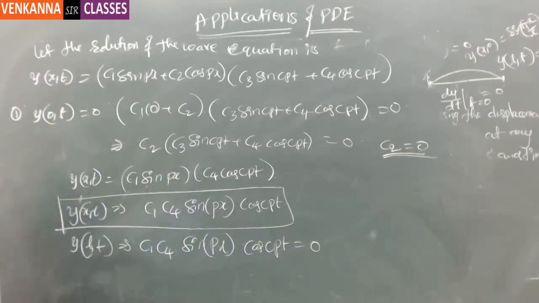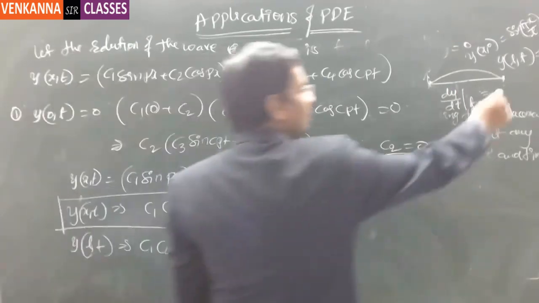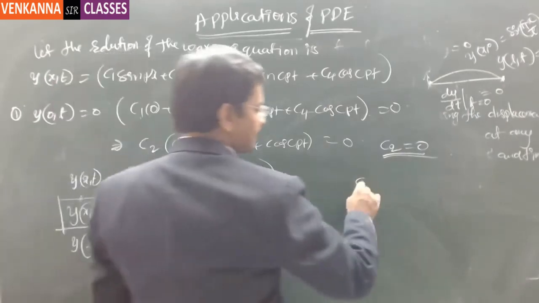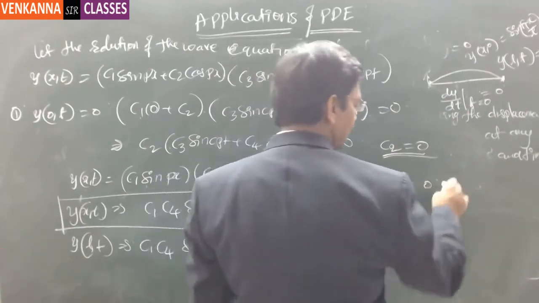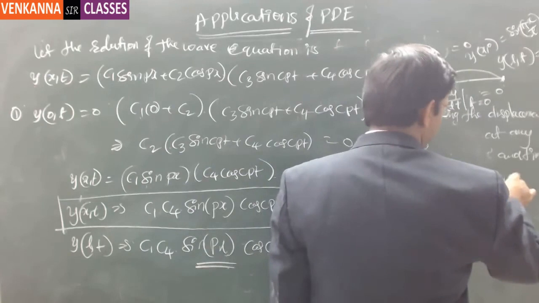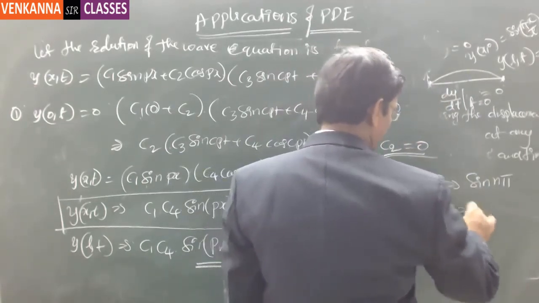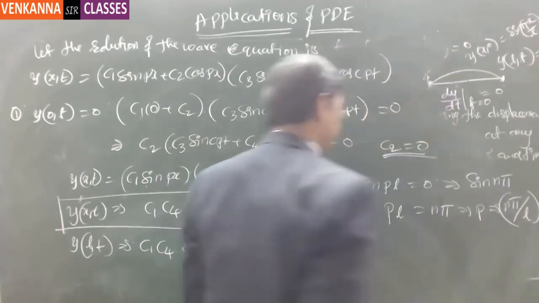If this has to be 0, then a node has to happen at this point, which means sin PL can be 0. So sin PL is equal to 0, and the general solution of sin is sin n pi. That means PL is equal to n pi, or P is equal to n pi by L. So this is another condition.